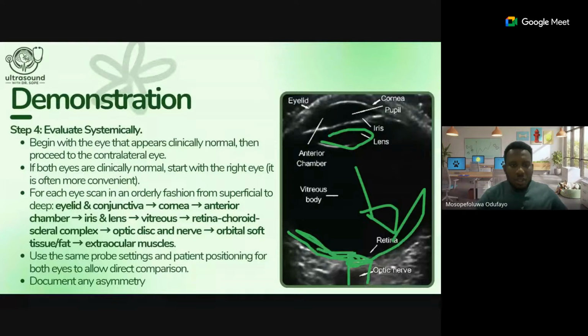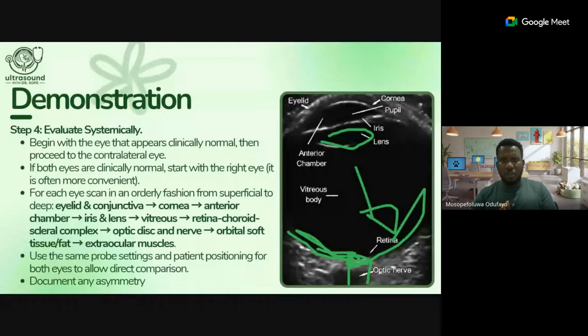Is that okay? Then after you do that, you use the same probe settings and patient positioning for the other eye, the contralateral eye, to allow for direct comparison. And then if there is any asymmetry, you document it.